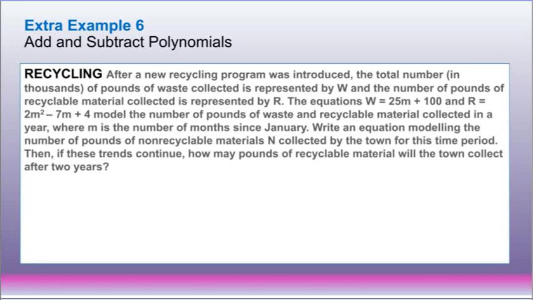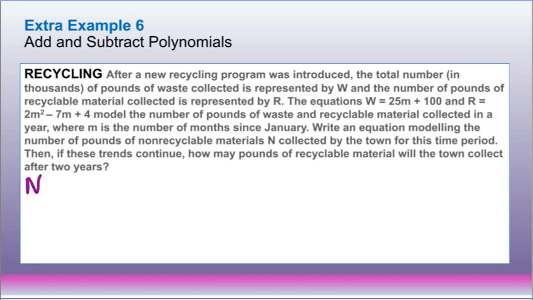They model the number of pounds of waste and recyclable materials collected in a year, where M is the number of months since January. Write an equation modeling the number of pounds of non-recyclable materials collected by the town for this time period. Then if these trends continue, how many pounds of recyclable material will the town collect after 2 years?